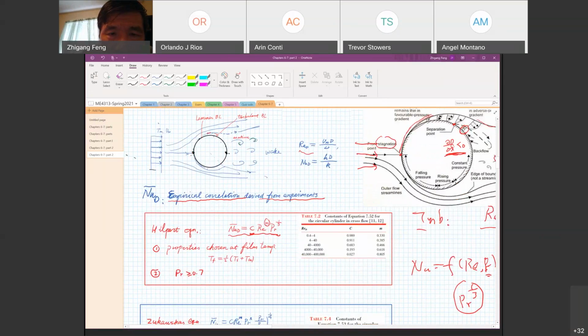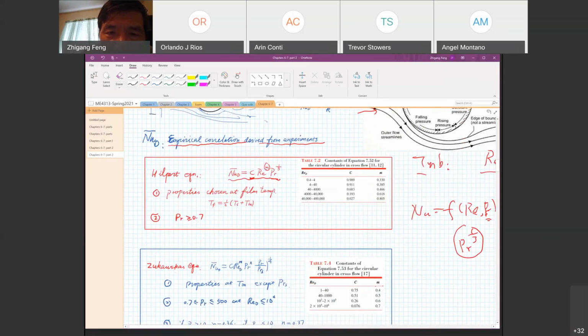That's an important observation. To choose C and m, it depends on the flow Reynolds number. So you calculate the Reynolds number, go to Table 7.2 to pick up C and m, and come back to this equation to find the Nusselt number.